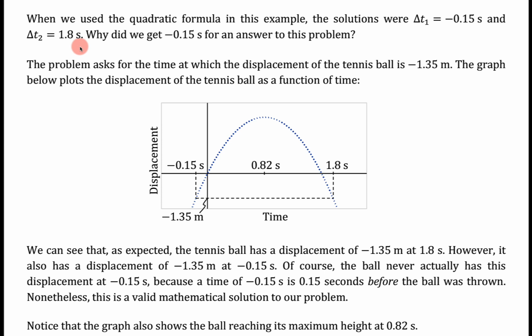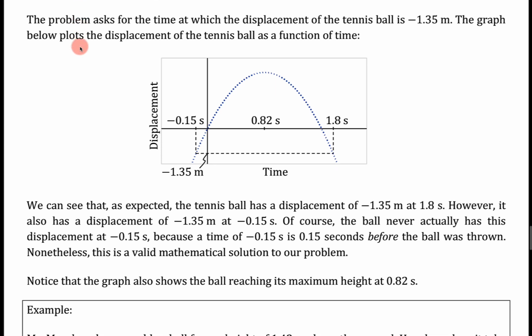So what does a solution of minus 0.15 seconds mean? Why did we get that as an answer to this problem? Well, we can actually see where this comes from if we plot the displacement of the tennis ball as a function of time. And so that is shown in this image.